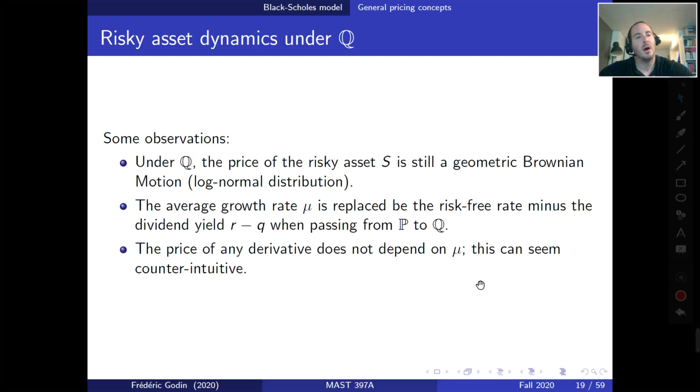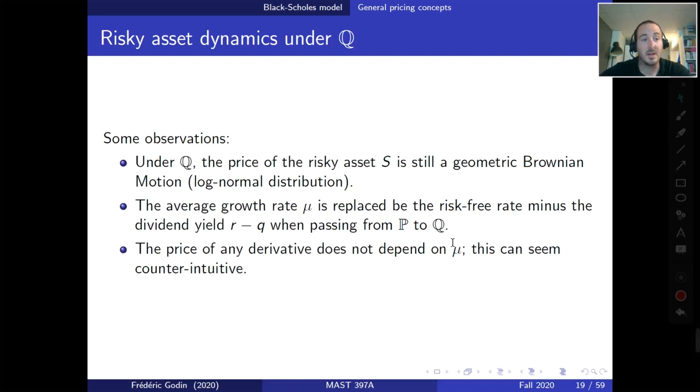So under P, the stock had geometric Brownian motion dynamics with average growth rate mu, whereas under Q, the price of the risky asset still has this geometric Brownian motion dynamics, but the average growth rate mu under P is replaced by an average growth rate of r minus q, the risk-free rate minus the dividend yield, when we go to the risk-neutral measure.